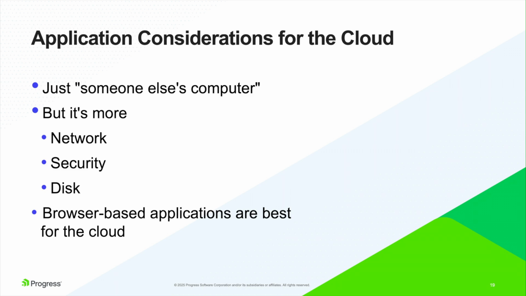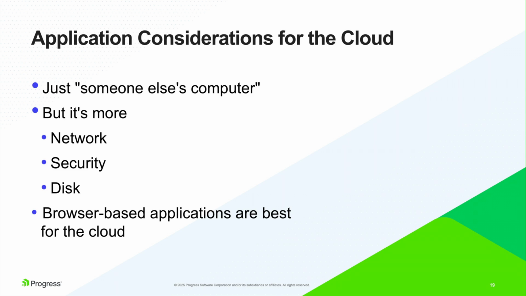So how do you support the connectivity there? That's where the networking comes in. Security. So, today, what is your authentication authority? Is it rooted in OpenEdge? Is it a third-party authentication? And if you go to the cloud, is the third-party authentication supported? How do you migrate that kind of thing into the cloud? So that has to be looked at.